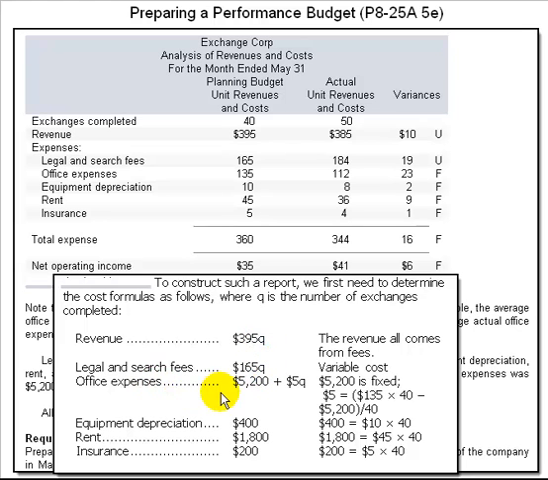And office expenses, they told us $5,200 was fixed, and then we've got to determine the variable portion, and we're doing that by using essentially the high-low method. So we take 135 times 40 minus the $5,200. Well, how did we come up with the 135 times 40? They gave us the 135 right there.